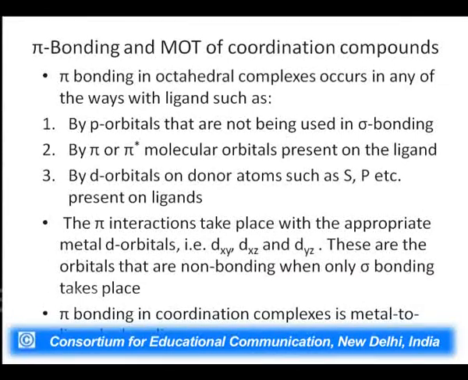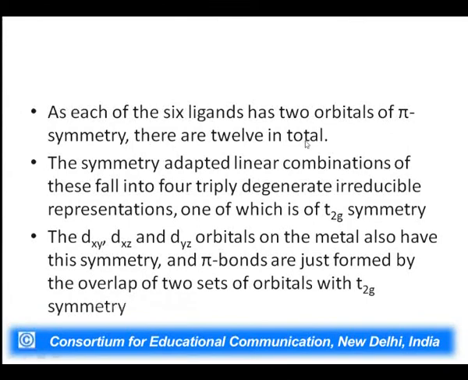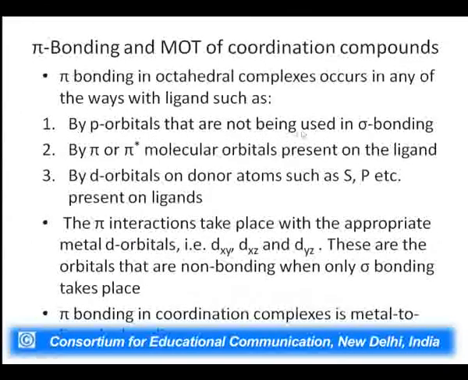This situation we have seen occurring in various complex situations. The p orbital not being a part of sigma bonding undergoes an overlap with the metal d orbital. Pi star, like in carbon monoxide, undergoes an overlap with the metal d orbital so as to form a sideways pi bond.